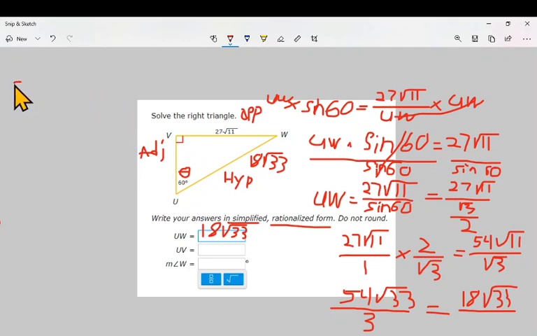So cosine of theta, or in other words, cosine of 60 degrees equals adjacent side.